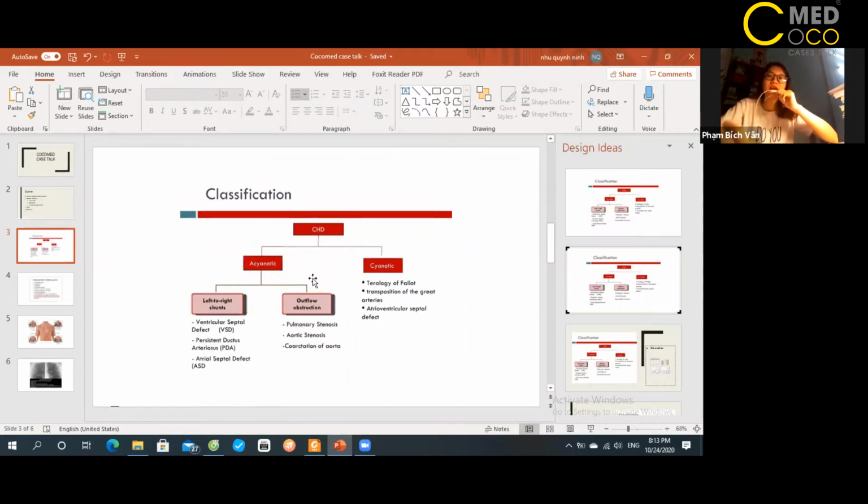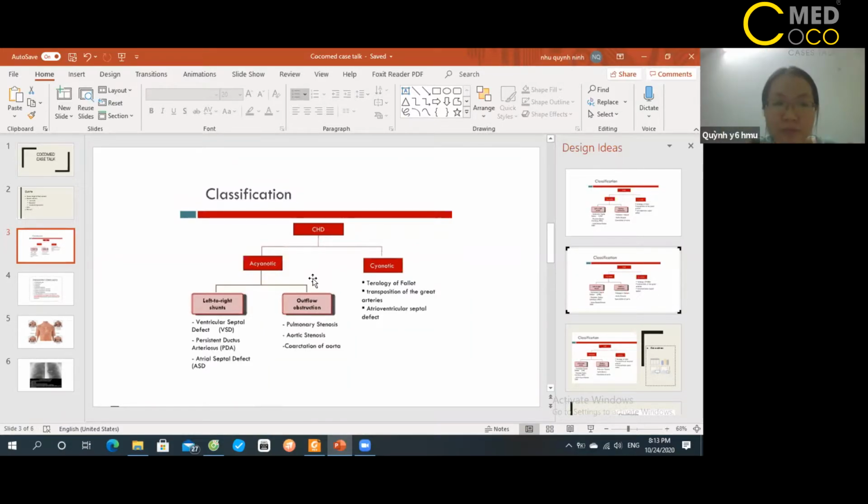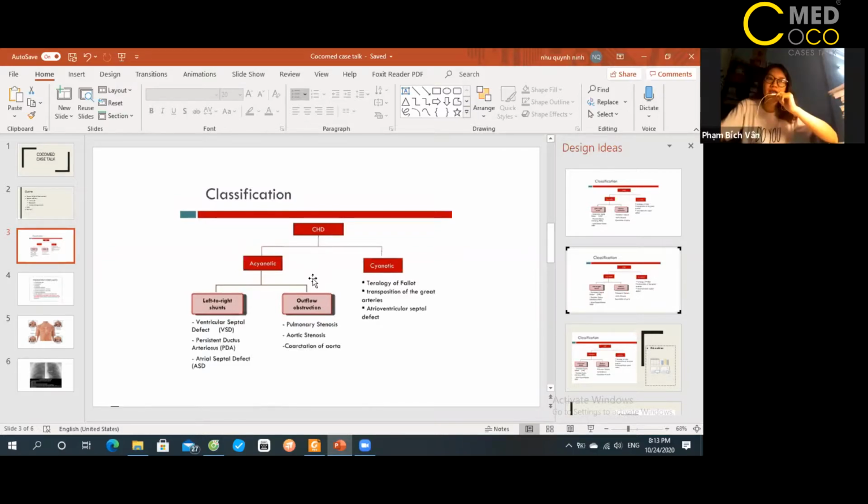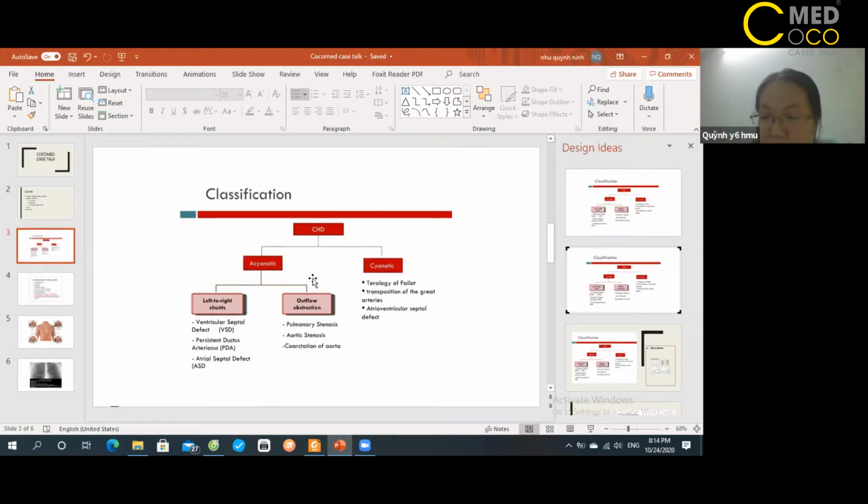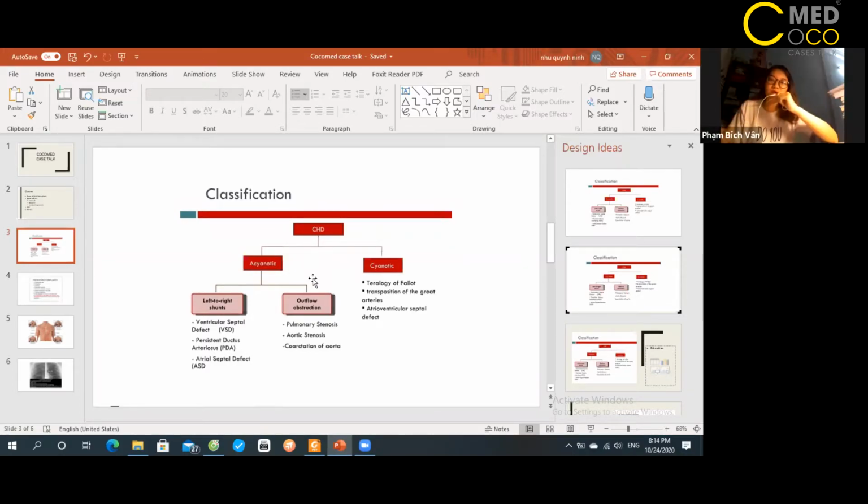I think that in congenital heart disease, most of them have a shunt. It's an abnormal movement of the blood, of the blood flow.